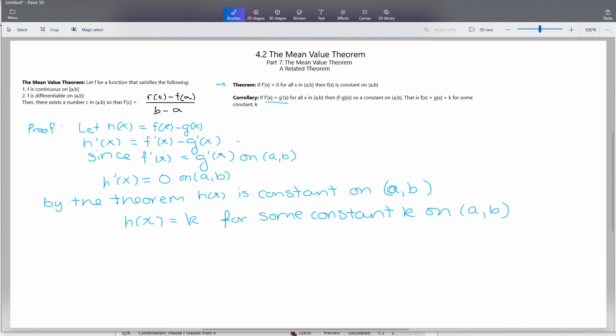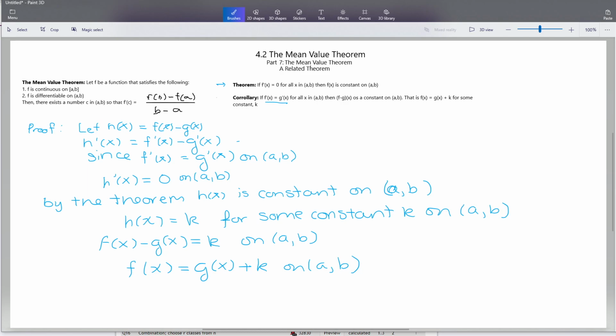Okay, so that would mean h of x, which is f of x minus g of x, is equal to k on ab. And what that tells us is that f of x is equal to g of x plus k on ab. Exactly as we were hoping for. Okay?